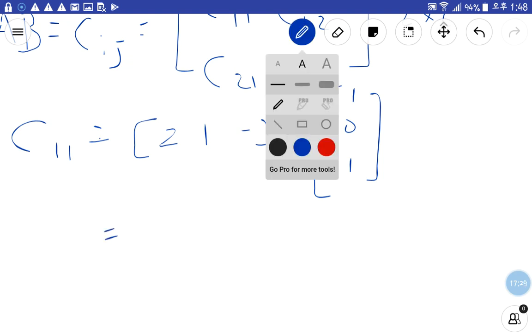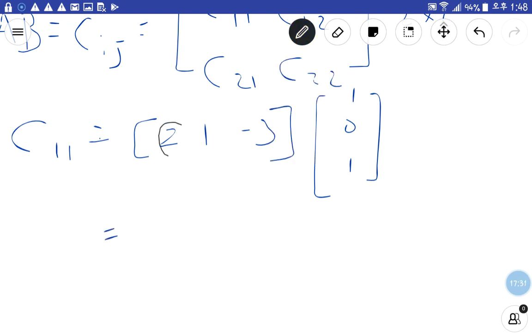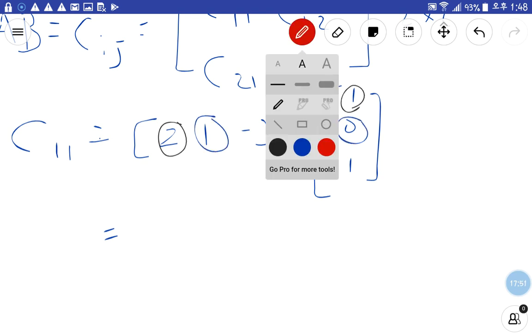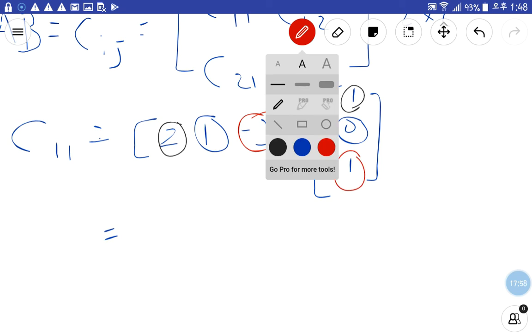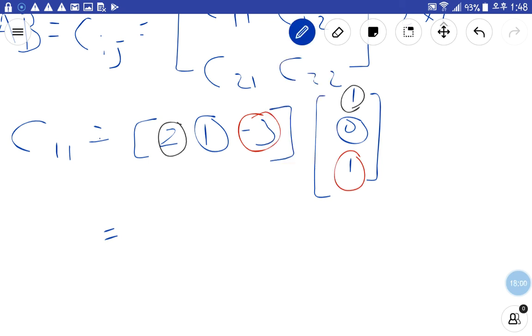Which numbers should I work with together? 2, which is the first number of the first row, should be multiplied by the first number in the column. And then my middle number 1 needs to multiply with my middle number in here. And then my last number, negative 3 here, should be multiplied with what? My last number, 1.